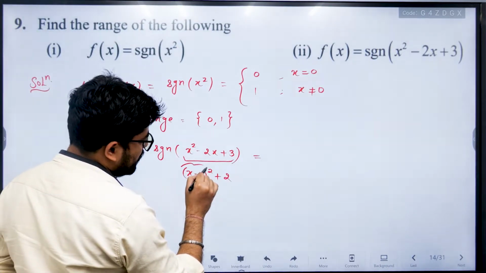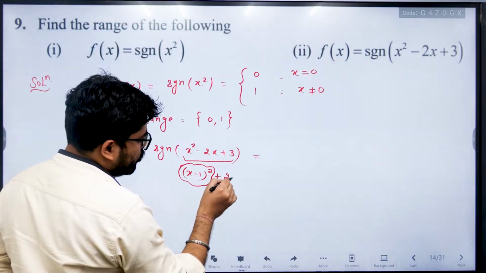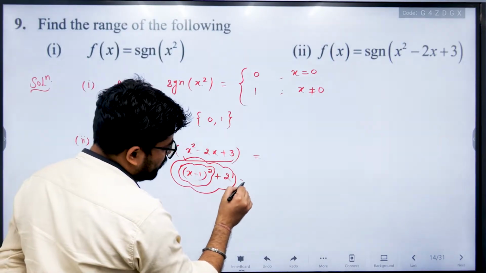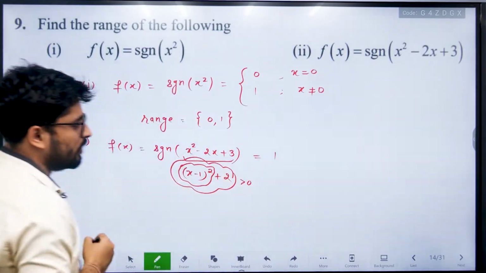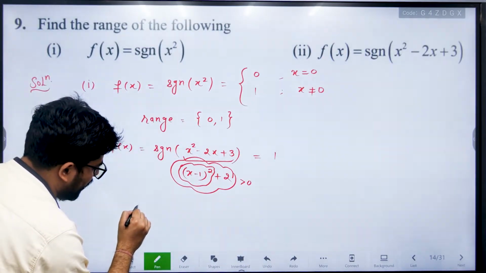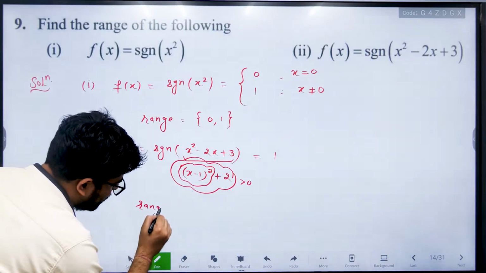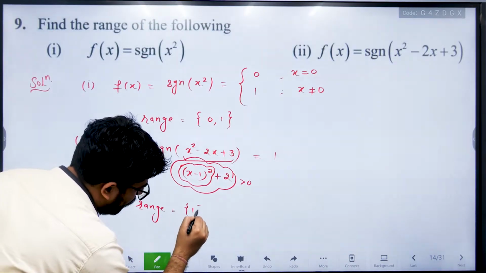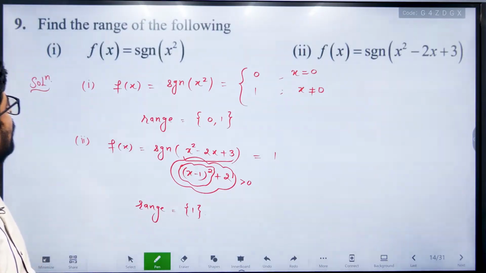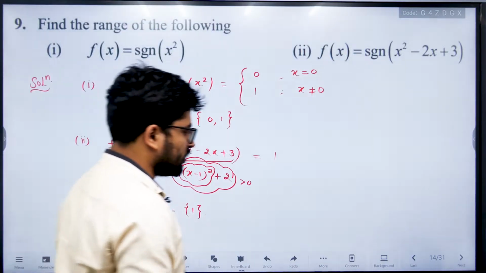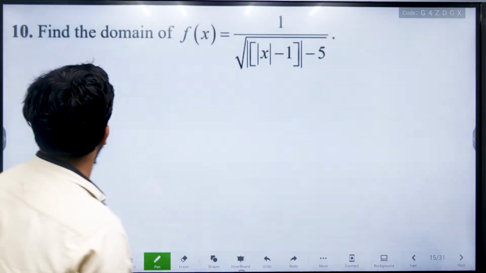This thing is always greater than or equal to 0, so when you add 2, it is always positive. So signum of positive gives you 1. So you have only one value in your range. The range set is the singleton {1}. Okay, so this is the range of your second part. Got it? Now let's do the next one. Question number 10.